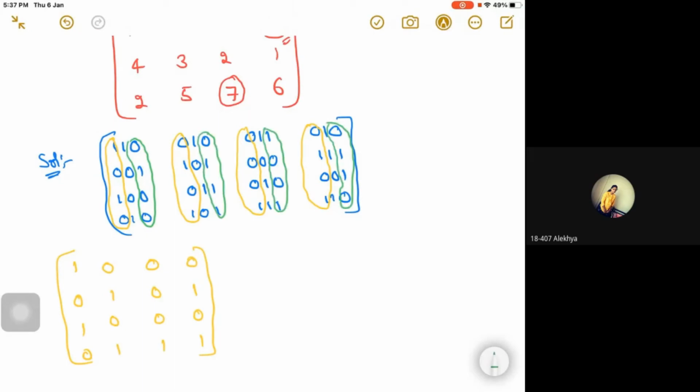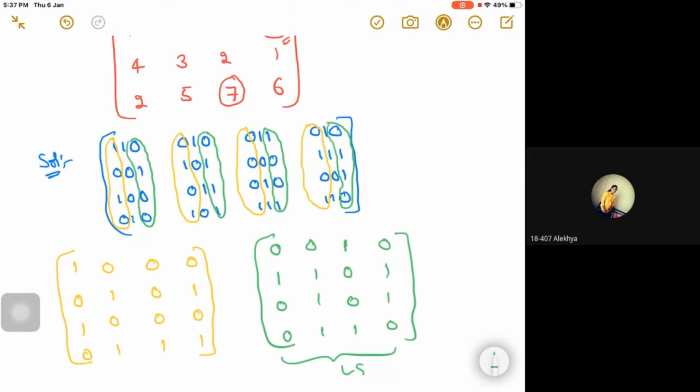So that is 0, 1, 0, 0. Next, 0, 1, 1, 1. Next 1, 0, 0, 1. Next 0, 1, 1, 0. This is our LSB plane, and that is the MSB plane.